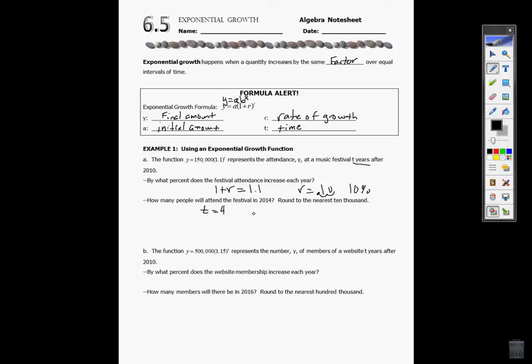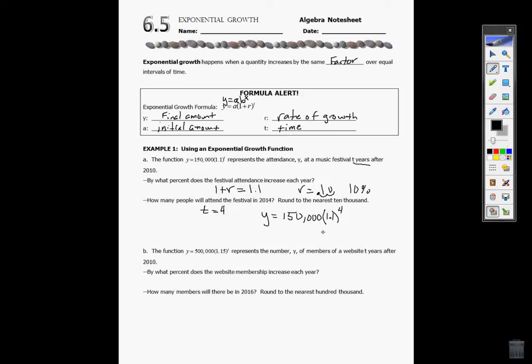So let's take a look at what we have to do. I want to find out the final amount, how many people, from this equation. So 150,000 times 1.1 raised to t, and in this case t is a 4.